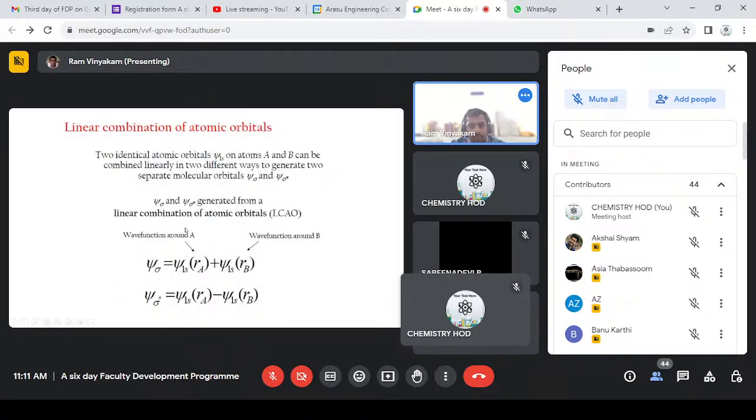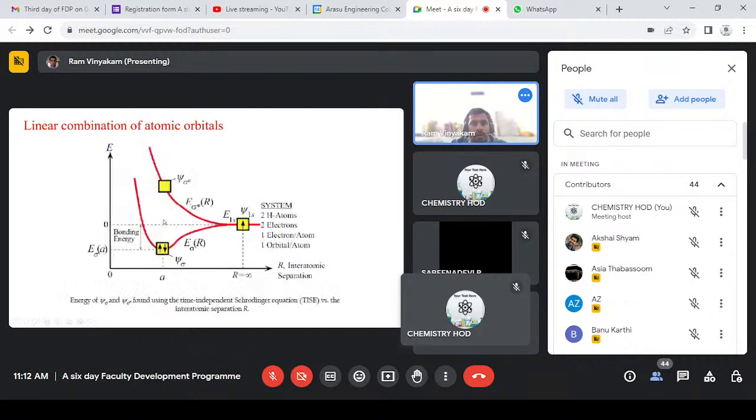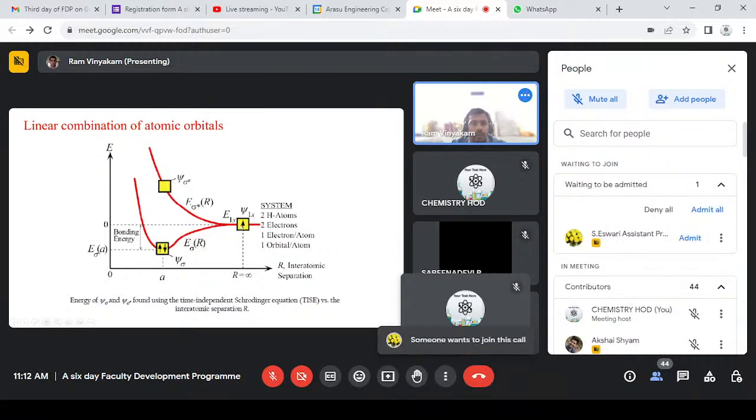These are superpositions of two wave functions of 1s orbitals for sigma bonding, which give the electron distribution around the bond. So, moving on: when we take an isolated atom, for example hydrogen, it has only one energy level.